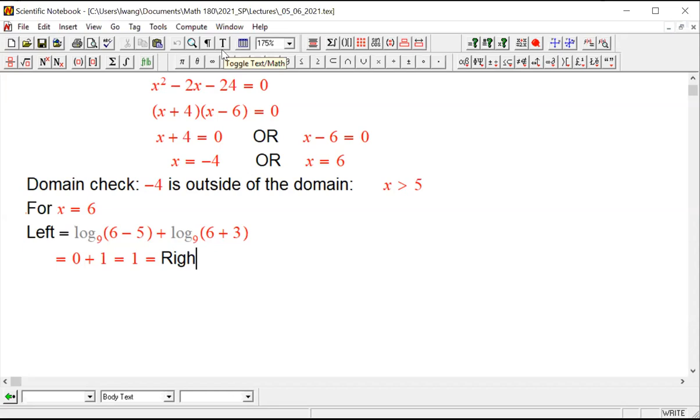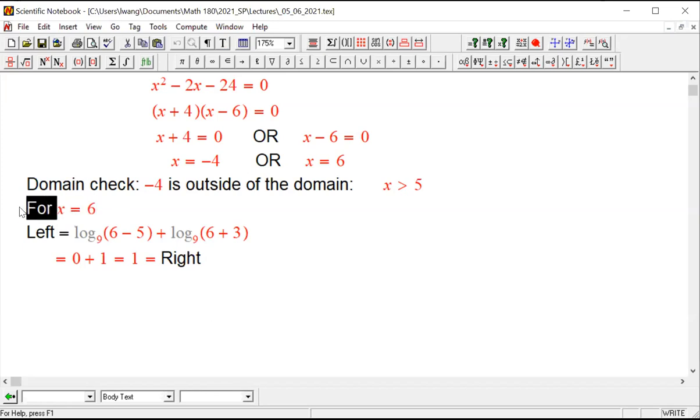the right-hand side. So when we read it from left to right, top to bottom, you will see the context. When x equals 6, the left-hand side of the equation is equal to 1, and it is the same as the right-hand side. Therefore, when x equals 6, it makes the if statement completely true, right?